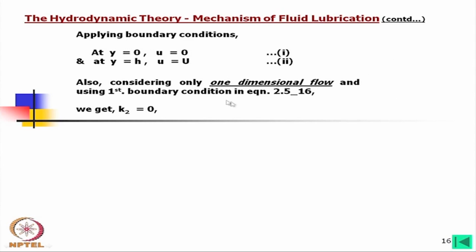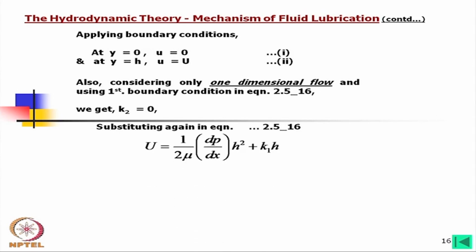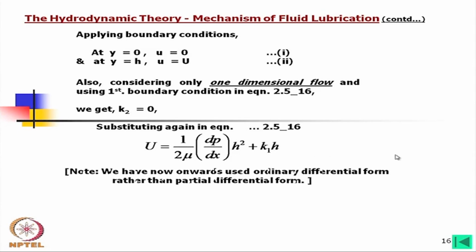So, we apply the first boundary condition and we get k2 is equal to 0, and substituting in the equation, we get u is equal to 1 by 2 mu dp by dx h square plus k1 h.